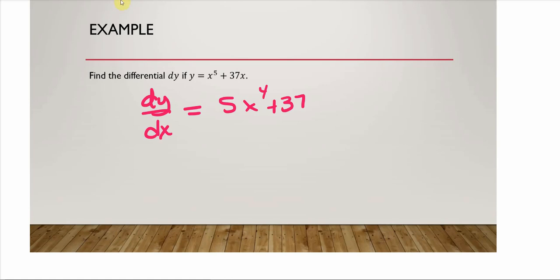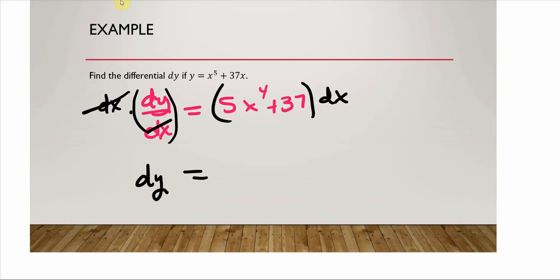So what am I going to do? I'm going to multiply this side by dx, and I'm going to multiply that side by dx. So when I do that, this and this reduce to a 1, and I'm left with dy equal to the quantity 5x to the 4th plus 37, quantity times dx. And that's it. And I'm done.